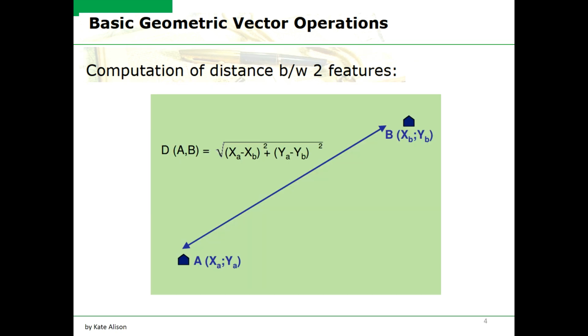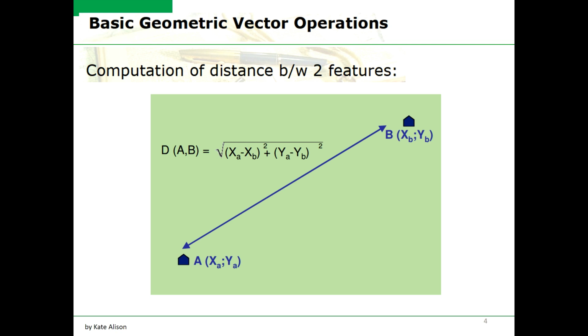When we talk about computation of distances based on Euclidean distance, this is basically the theorem of Pythagoras that you have been studying during your school times, which computes the distance between two points as a line in a triangle.